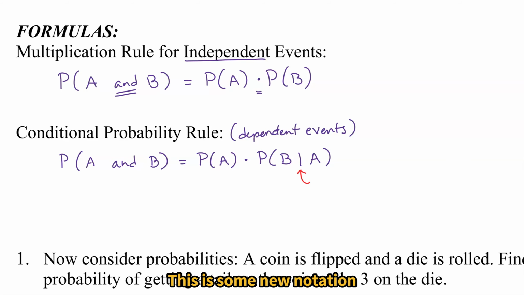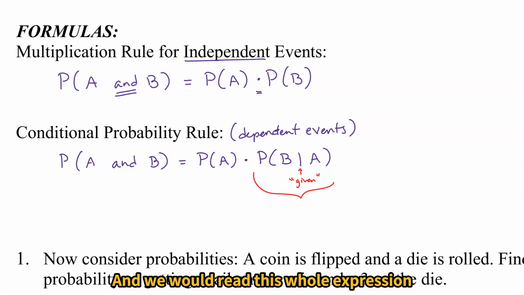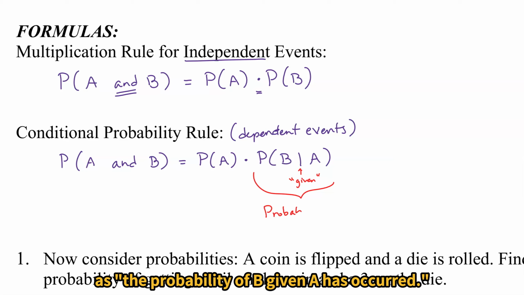This is some new notation. This little straight line up and down is given. And we would read this whole expression as the probability of B given A has occurred.